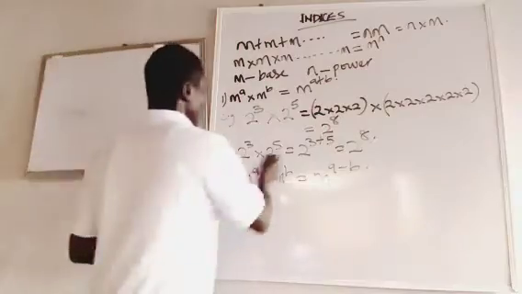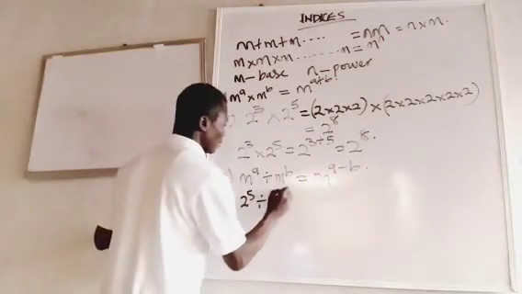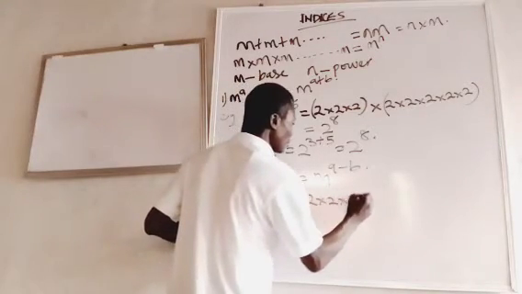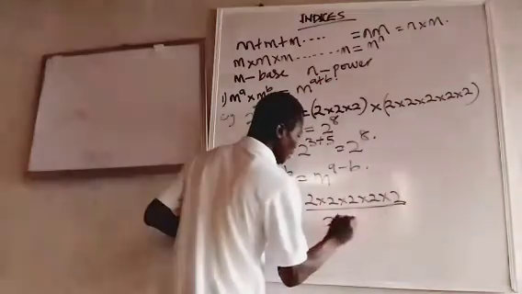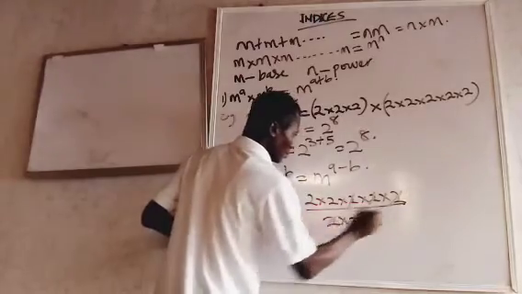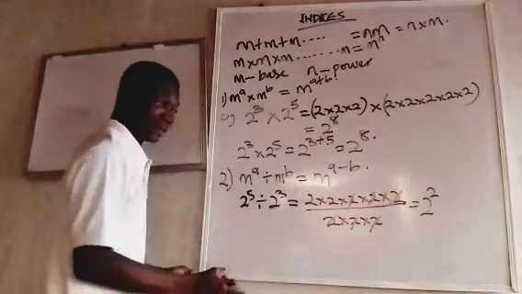So, let me also make it like this. 2 raised to power 5 divided by 2 raised to power 3 will give me 2 times 2 times 2 times 2 times 2 divided by 2 times 2 times 2, which is 2 raised to power 2. You can see that.